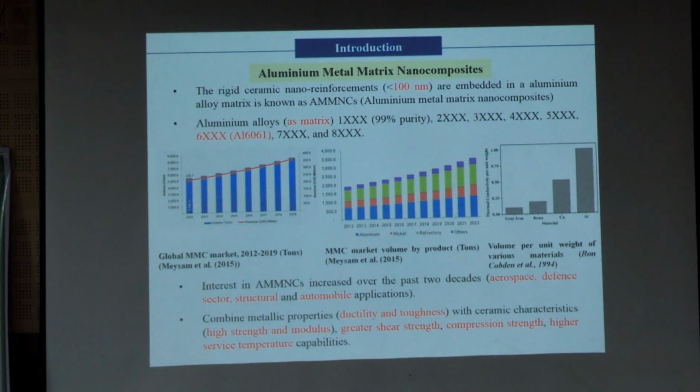That's why we are going for composites, or adding other reinforcements in the aluminum matrix, right? We have different series: 2 series, 3 series, 4 series, 5 series up to 8 series. Each series has its own significance. Depending on the application, we select which series and which material we want.